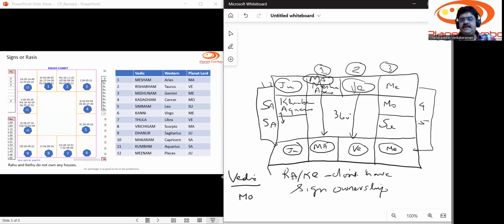Let's say at the time when you draw up the chart of the native, the moon is in this sign, whose name is Tula Rasi. So if the moon is in this sign, the native is said to be Tula Rasi.